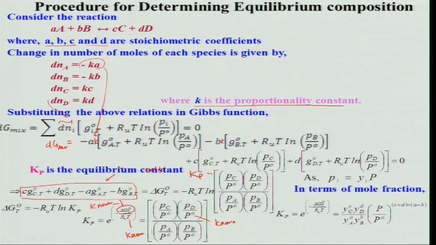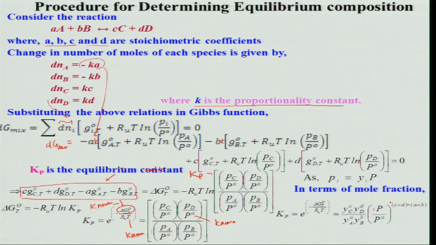But this pressure is what? This is the pressure at which you are trying to find the equilibrium composition. If this happens to be atmospheric pressure or standard pressure, this term P by P naught will be 1. That means this term will be basically 1, you need not worry about it.